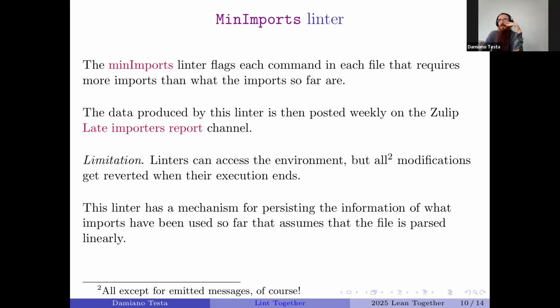As you're typing declarations and developing a formalization for some project, not every declaration uses all of the imports that you have. So the min imports linter keeps a tab of what imports have been used so far by your file. With each successive declaration, it compares the imports that this new declaration needs with the previous ones. And if it needs more imports than the previous ones, it just tells you, hey, I had to use this other file, and it was not enough to use the previous ones.